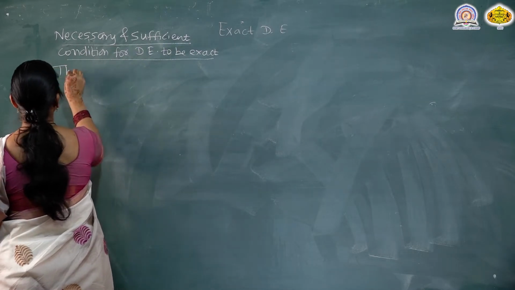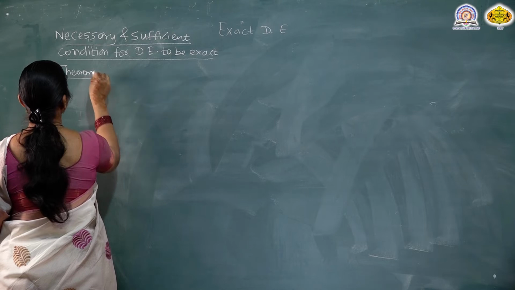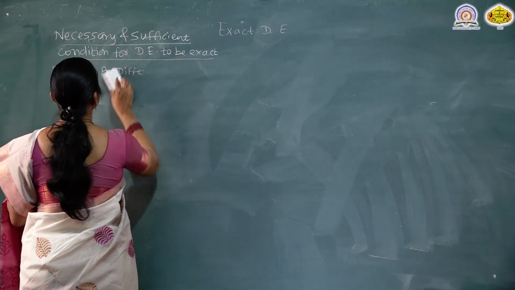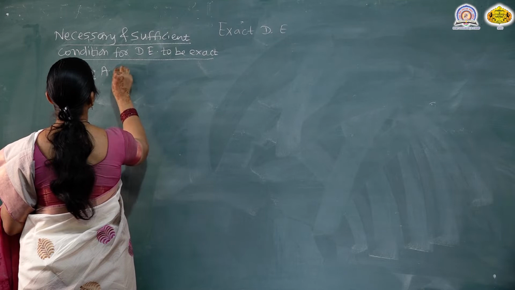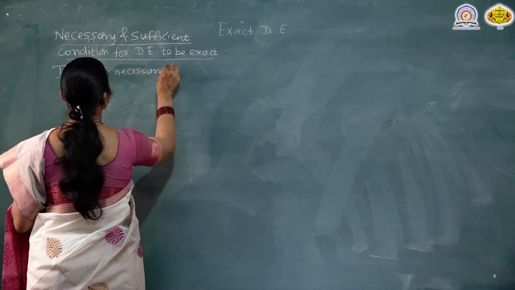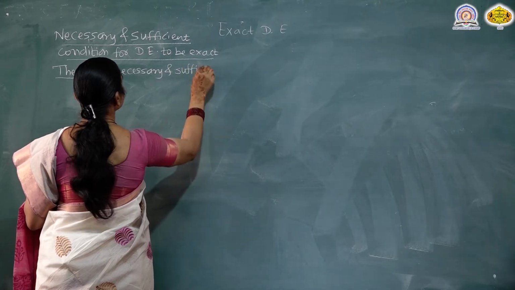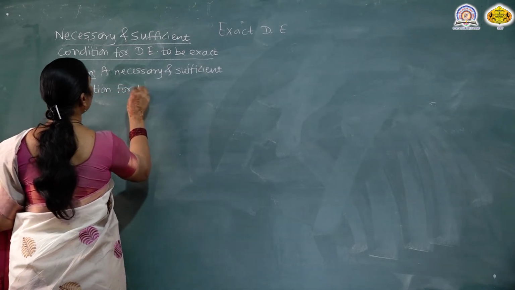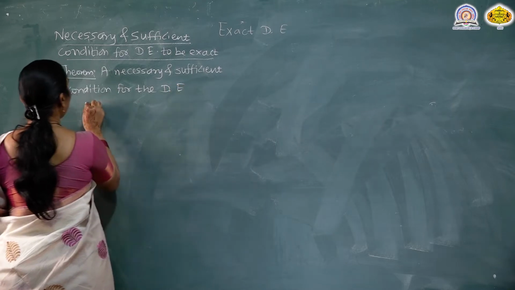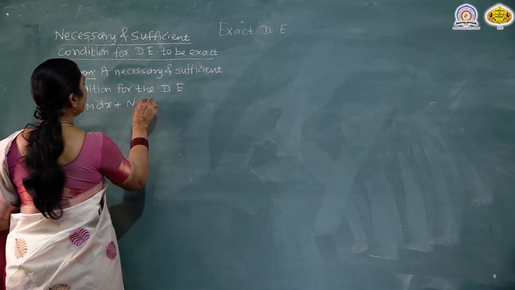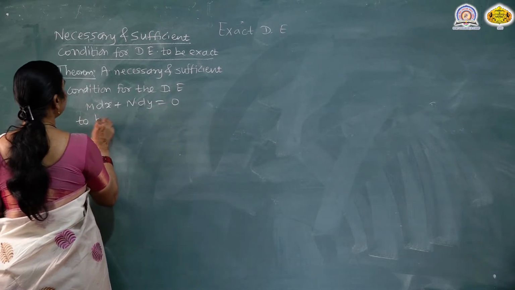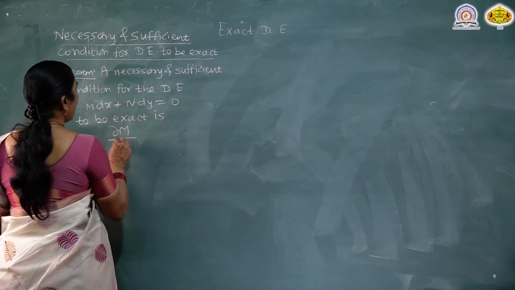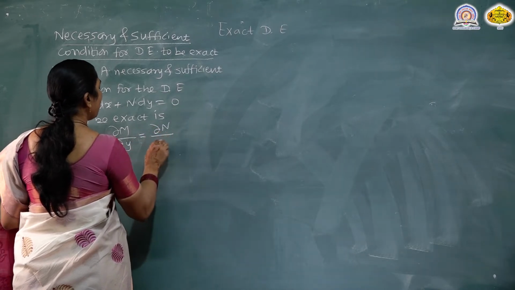The theorem says that a necessary and sufficient condition for the differential equation M dx plus N dy equal to 0 to be exact is: partial M by partial y is equal to partial N by partial x.